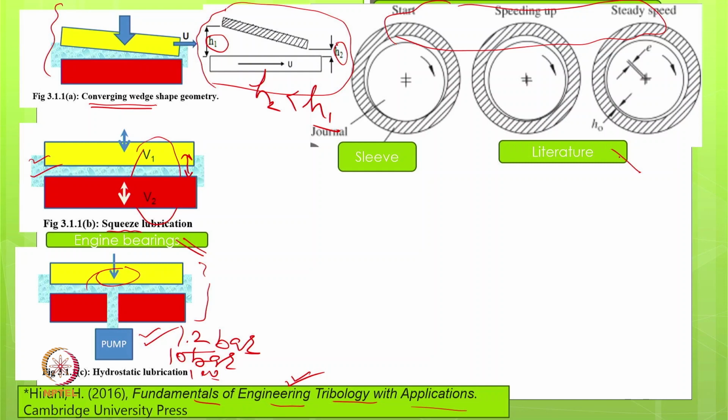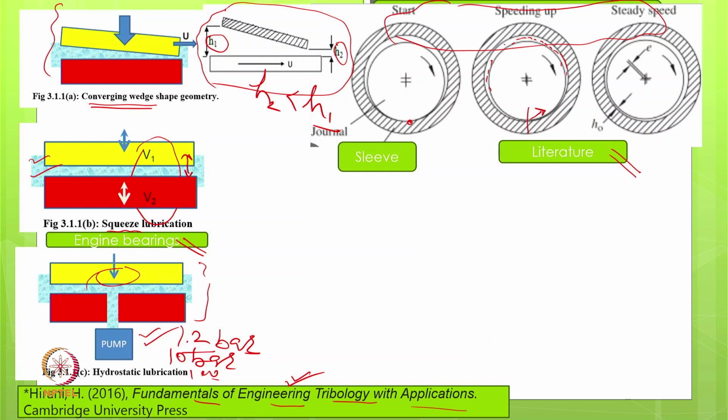Now, this figure I have picked up from the literature. This indicates that initially the shaft and the sleeve touch each other at the bottom. Now, when the rotation starts, the lubricant which fills this clearance space tries to retard the shaft motion, and that's why the shaft position changes from vertical to this side.